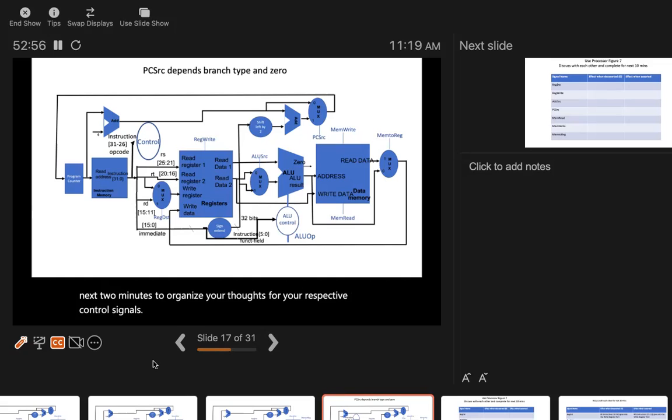So if you answer in the way like for memory read, we'll just say 0, memory won't be reading, and 1 is memory reading. I will take it.